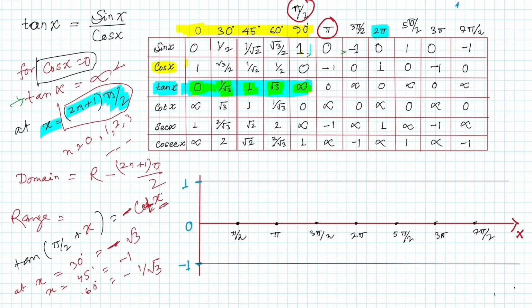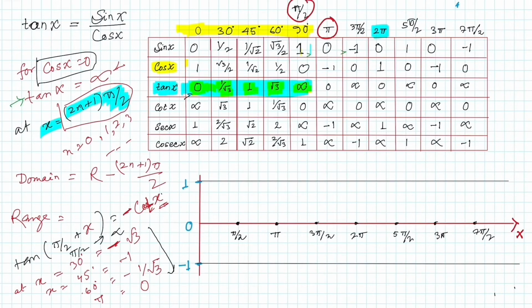So then at pi, the value of tan x is again 0. Okay, again 0. So you can see these values are increasing to 0. We know at pi by 2, tan x is not defined.